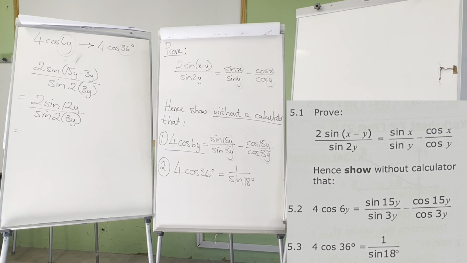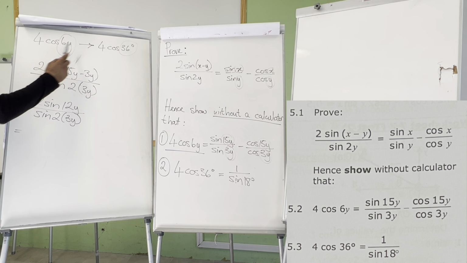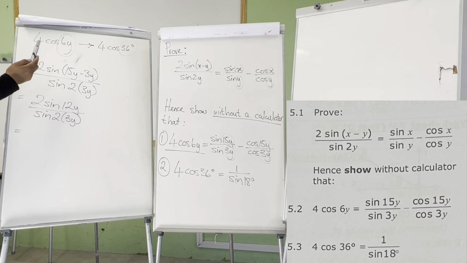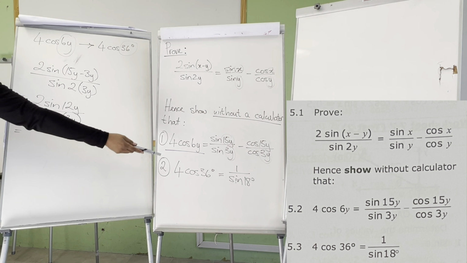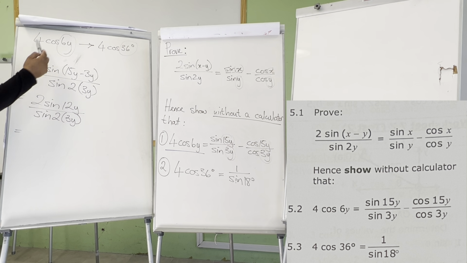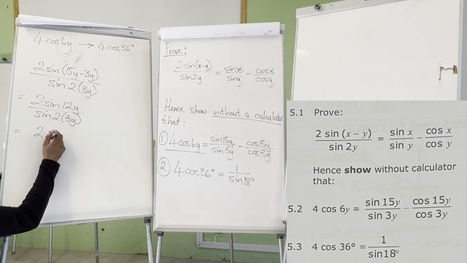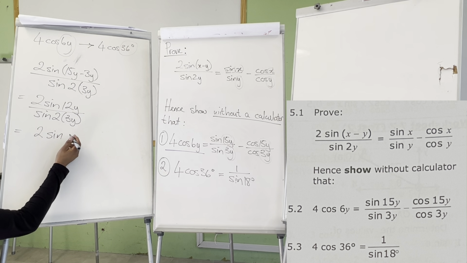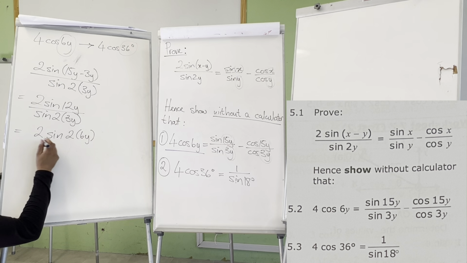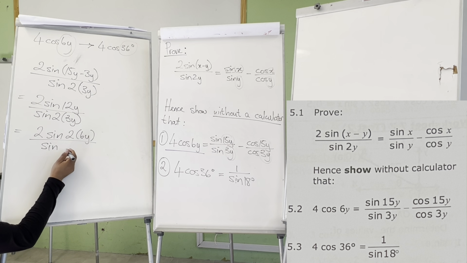Now, remember I said we need to relate these two. In fact, we have related them, because the 36 is in place of 6y, so that's the same thing in this case. If I break this up, we did this in the previous one, 2 times 6y.